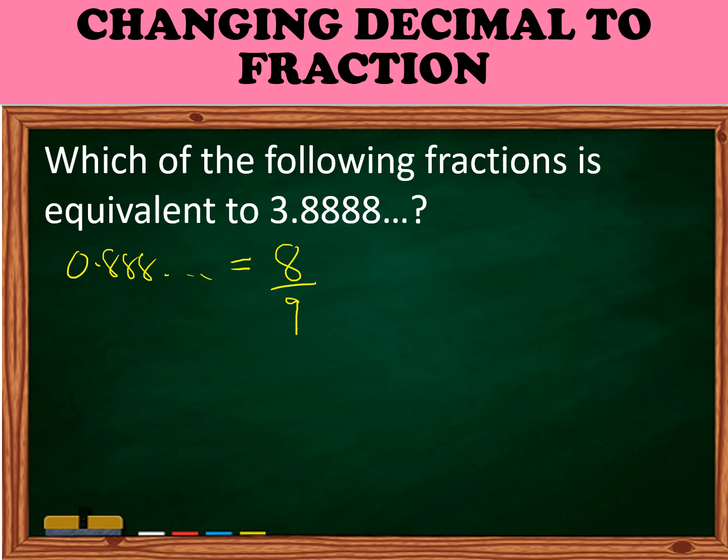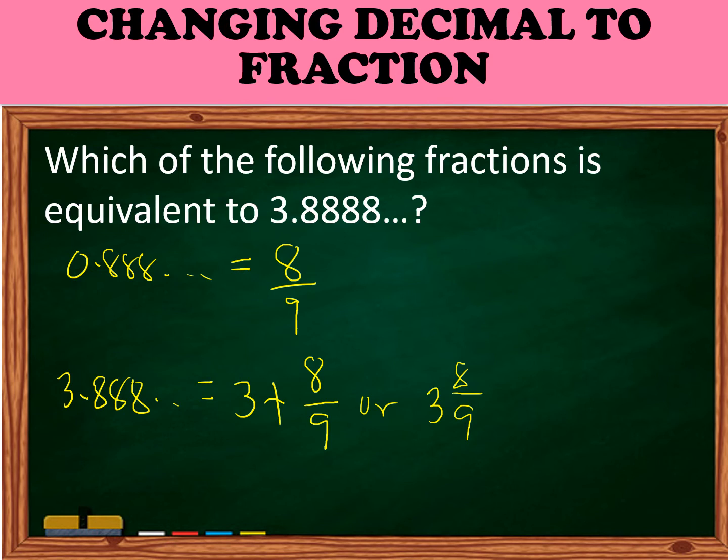That means, ang 3.888 and so on is just the same as 3 plus 8 over 9, or you can say 3 and 8 over 9. Since 3 and 8 over 9 is a mixed fraction, and sa choices is puro siya improper fraction, we need to change this to improper fraction.